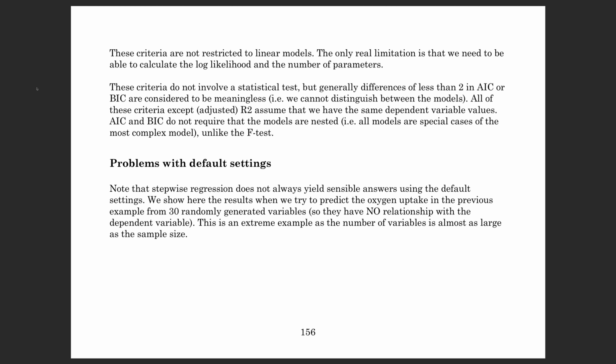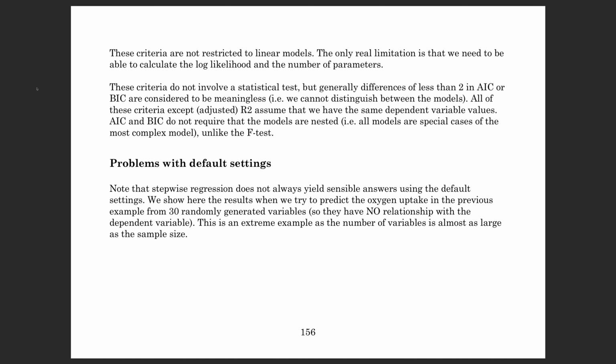We were previously looking at how to predict auction uptake in our earlier example. So I'm using the same dependent variable as in that example, but with 30 randomly generated x's. In other words, these x's have absolutely no relationship with the dependent variable. Now, this is an extreme example, as the number of variables is almost the same as the sample size.